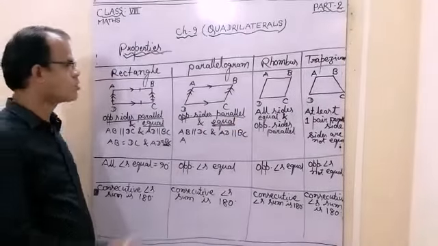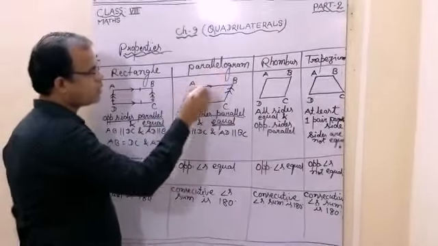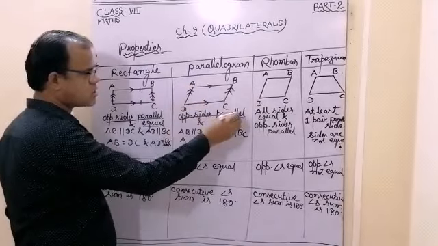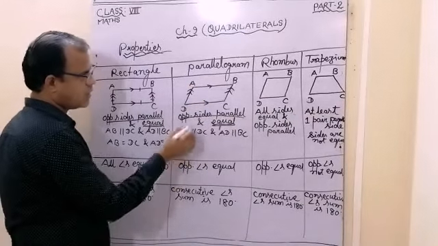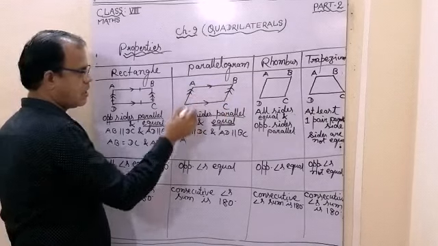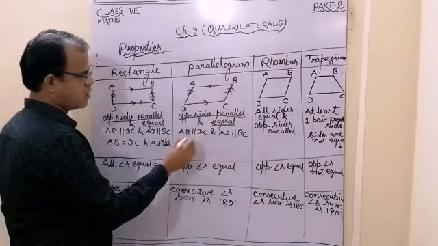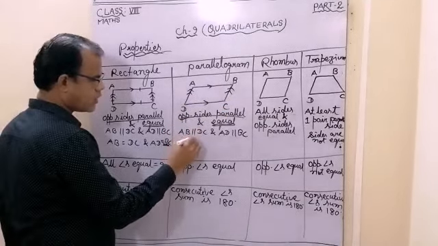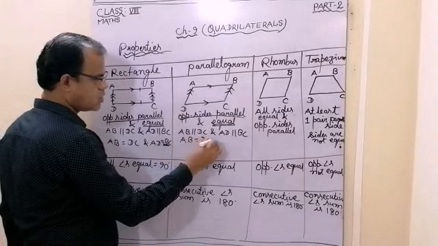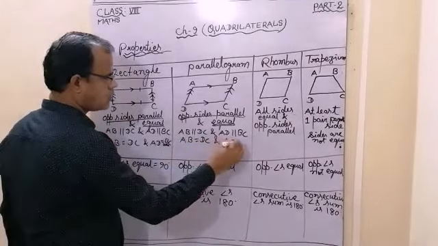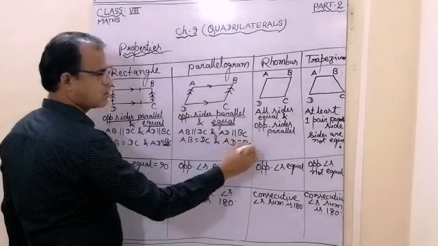And so student, look here, in parallelogram ABCD, opposite sides parallel, so we write here AB parallel DC and AD parallel BC. And equal also, so we can write like that, AB equal to DC and AD equal to BC.